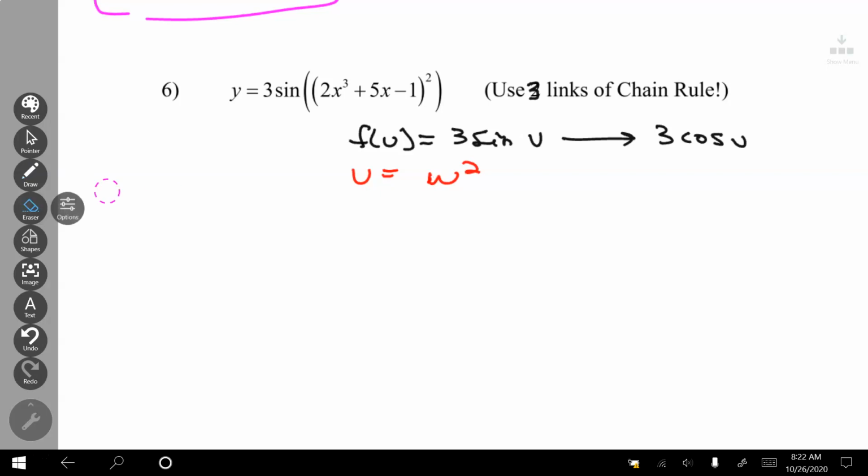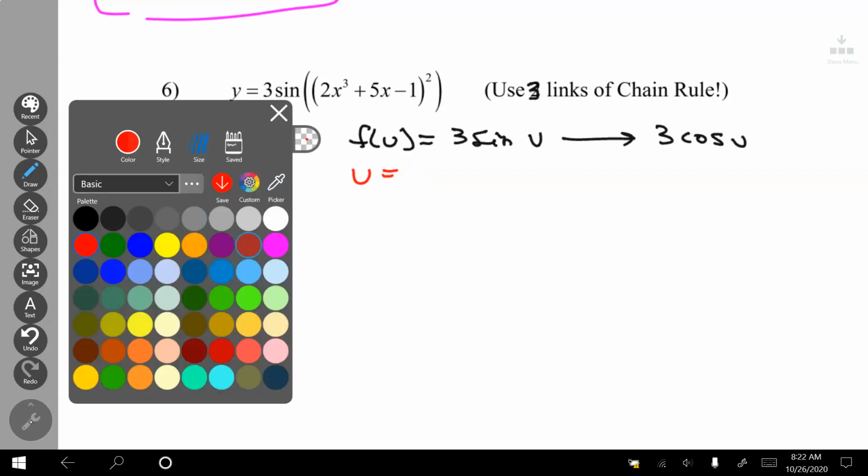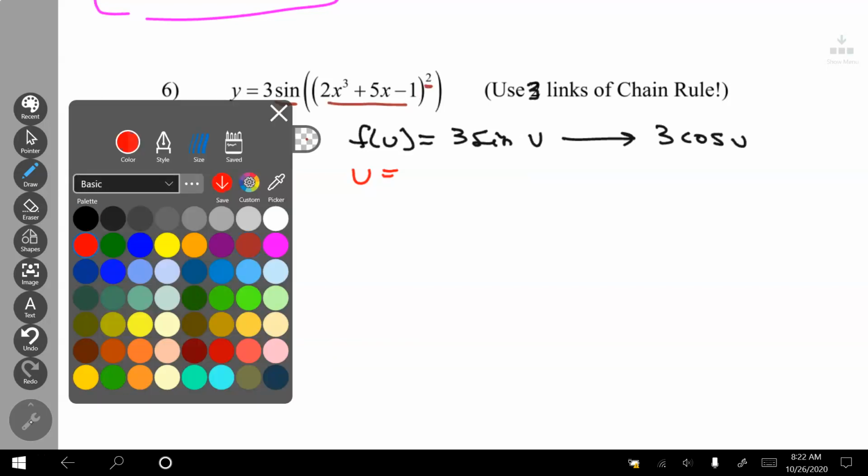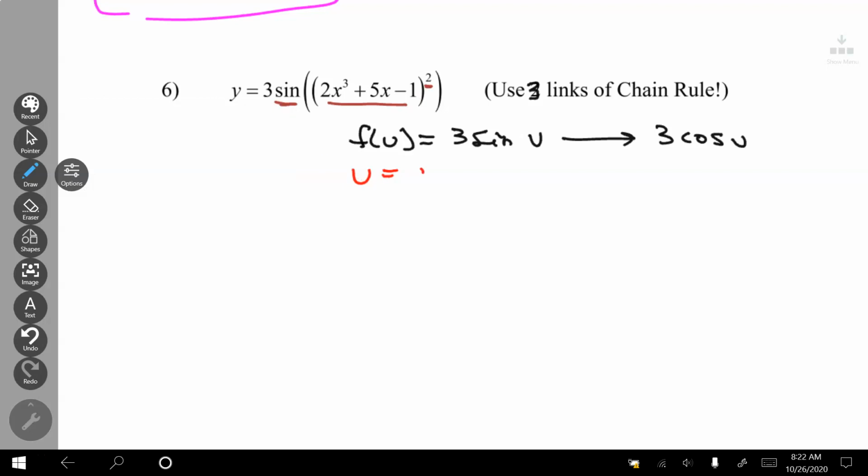Well, let me erase this. So there's another function inside here. If you look carefully, I have a function here, a function here, and a function here. So u is a function of a different letter, which is something squared, which is w. I have to use a different letter. I can't always use u.